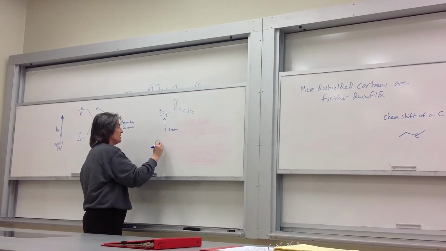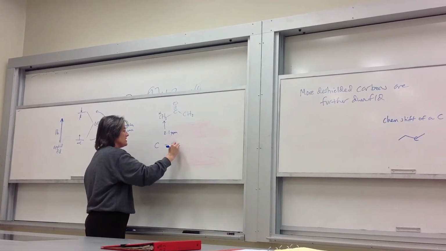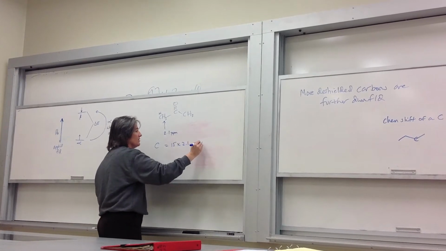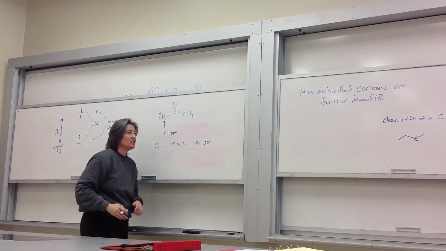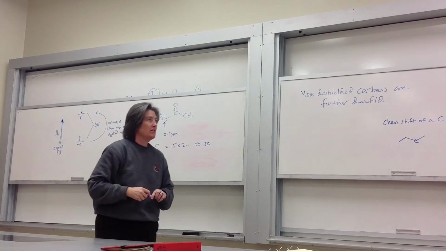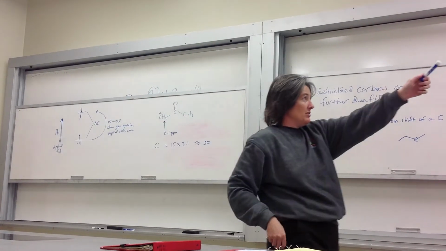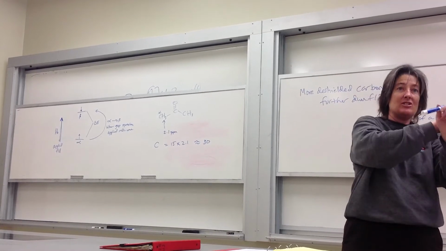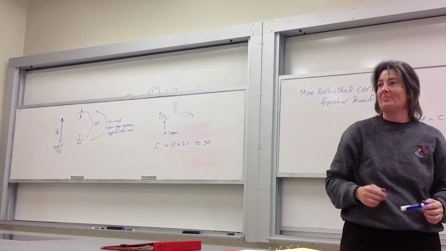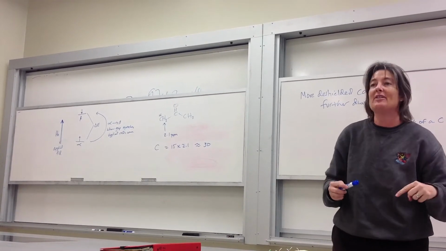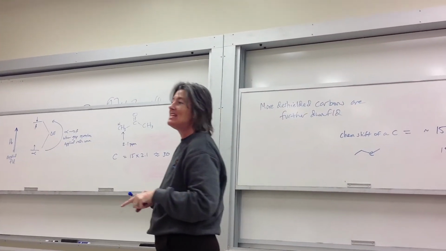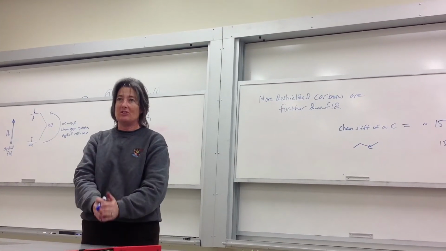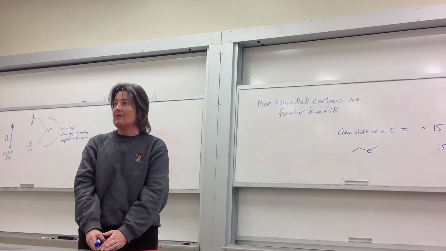So the carbon in acetone is just 15 times 2.1, or it should show up 30-ish. And if you take a look at our table, it shows a ketone. It's the fourth entry down, and the carbon next to the ketone is at 30. So you can take what you know about hydrogen, multiply it by 15, and roughly that will tell you where the other things go.